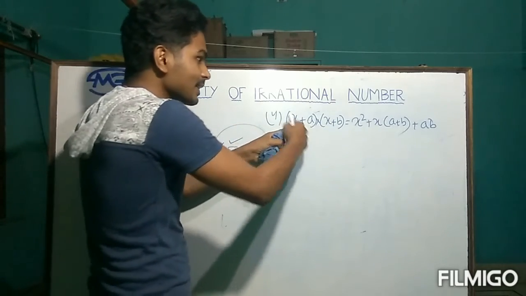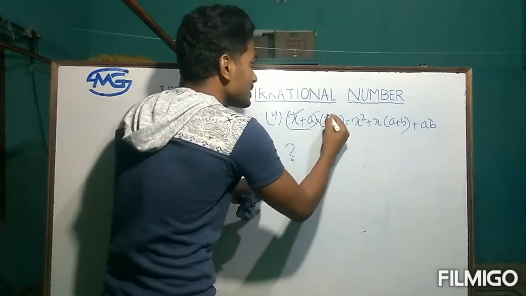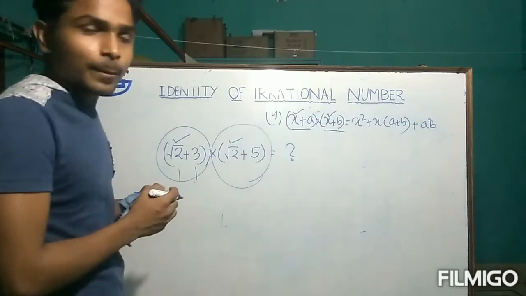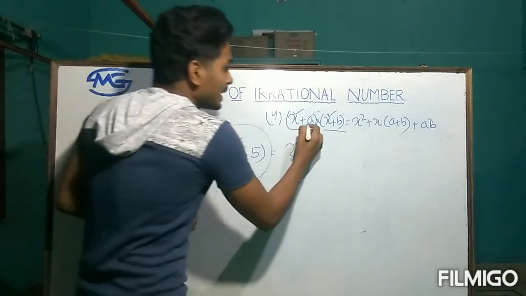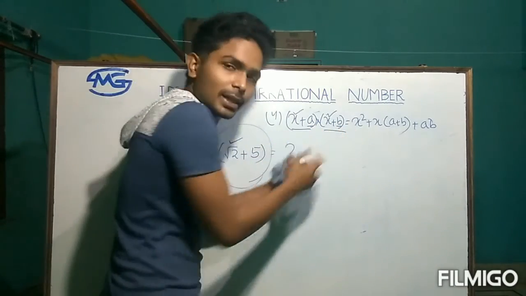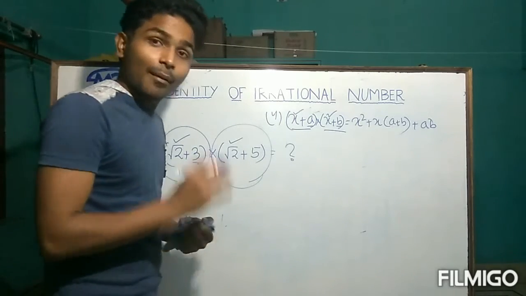See, in the LHS of the formula, in these two terms, what is common? x is common. Since x is common, here also root 2 is common. In the first term it is A, in the second term it is B. These two are different terms. Here also, in the first term it is 3 and in the second term it is 5.